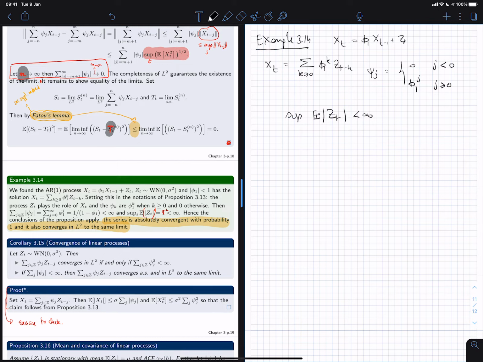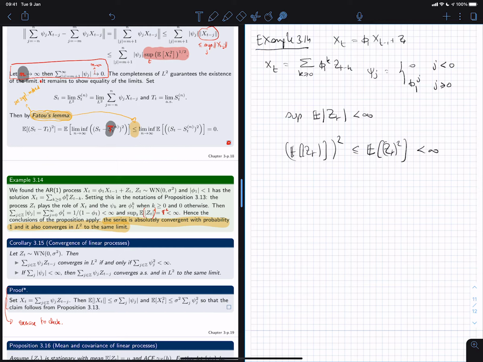Sorry, I'm talking rubbish. Zt here, if I take a square, this is less than this. This is a weaker condition.